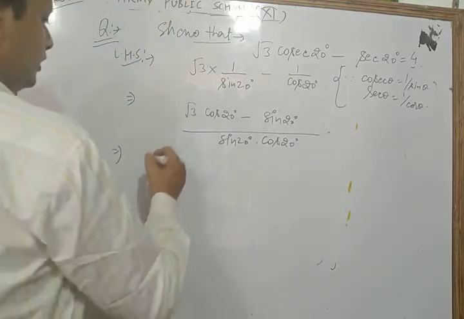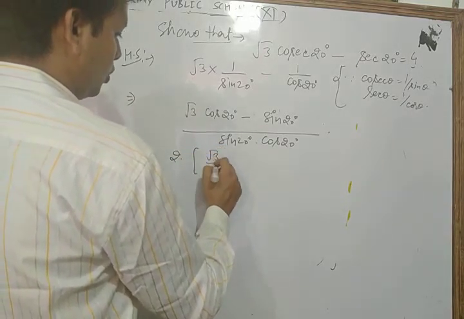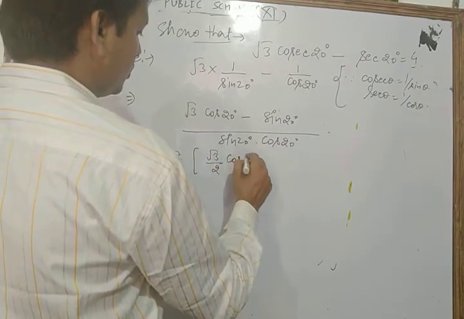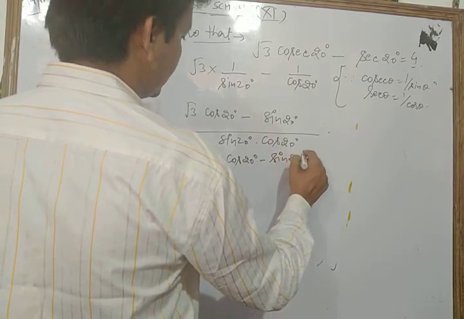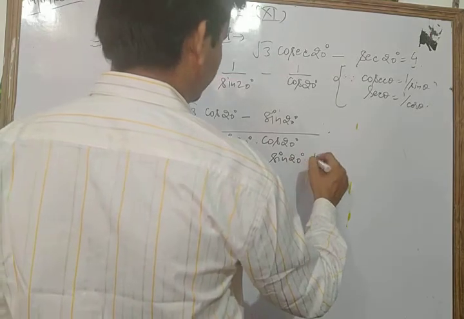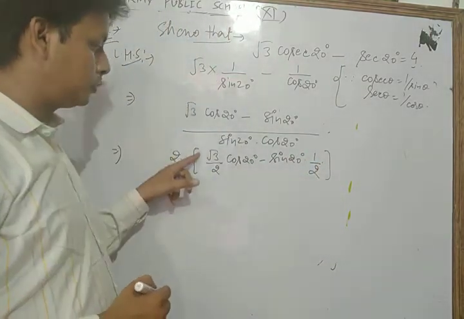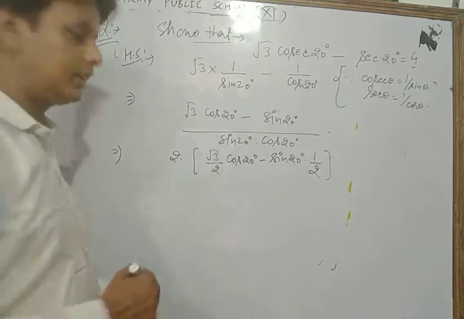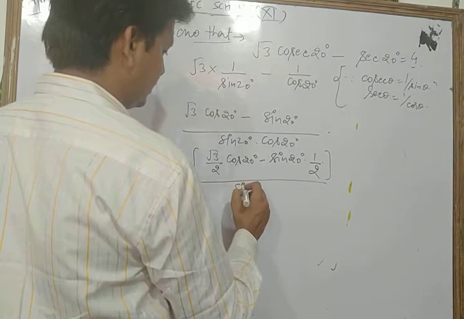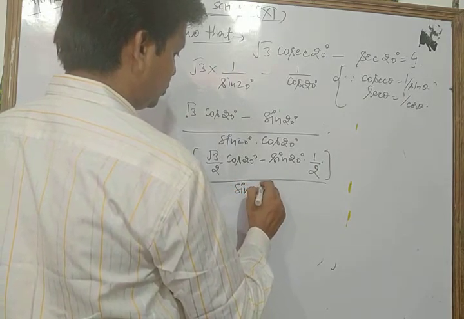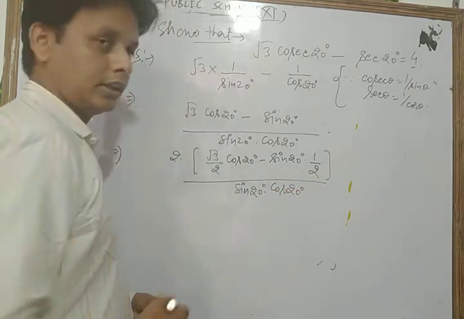We get 2 into root 3 by 2 into cos 20 minus sin 20 into 1 by 2. We multiply both the numerator and denominator by 2, in the numerator and in the denominator we write as it is, that is sin 20 degree into cos 20 degree.